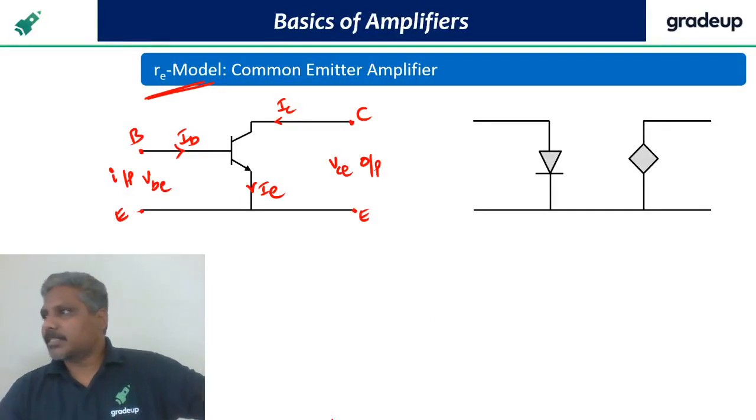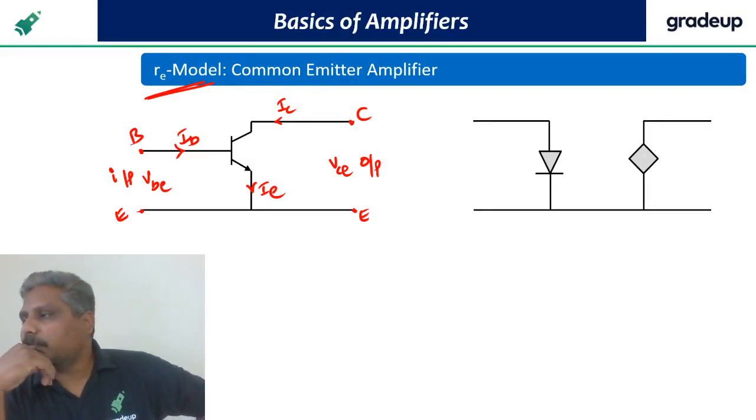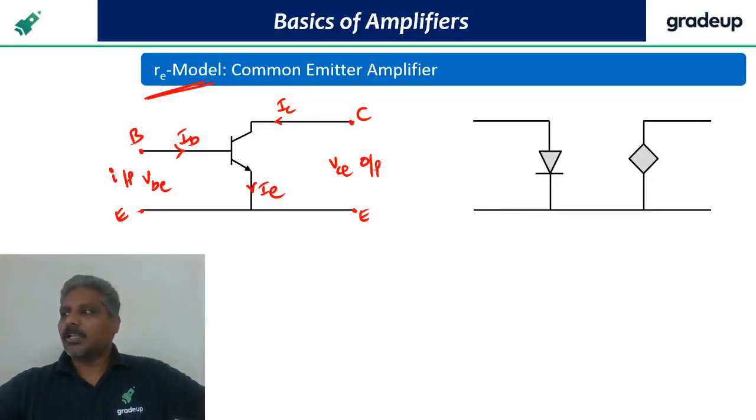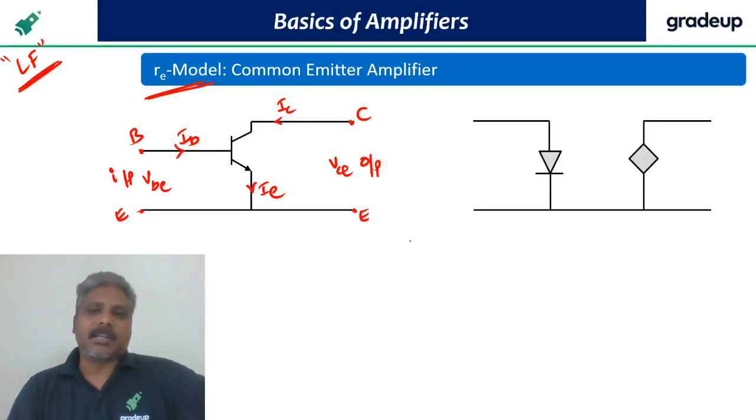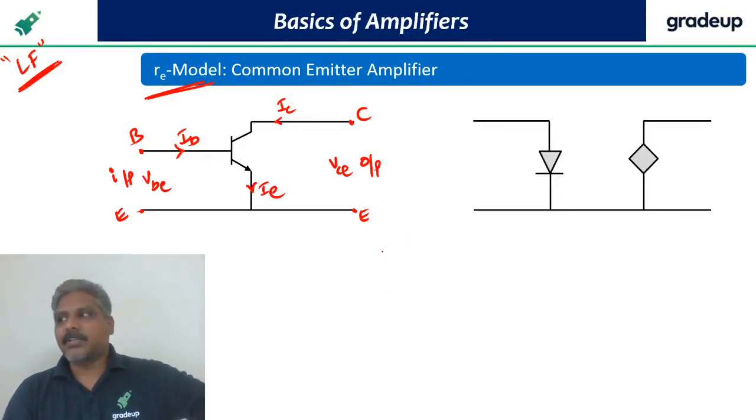Sakshi, I missed your question. Sure, I'll give you the answer. Sakshi asks whether the RE model for high frequency and low frequency are the same or different. They are different. The RE model we are discussing is for low frequencies only, not for high frequencies. High frequencies we need to discuss separately.